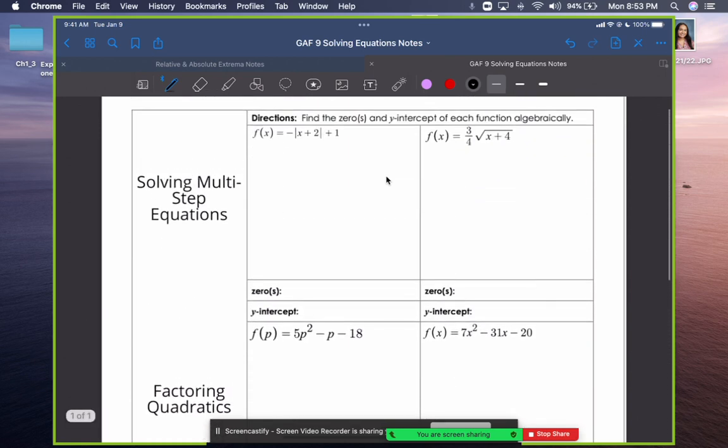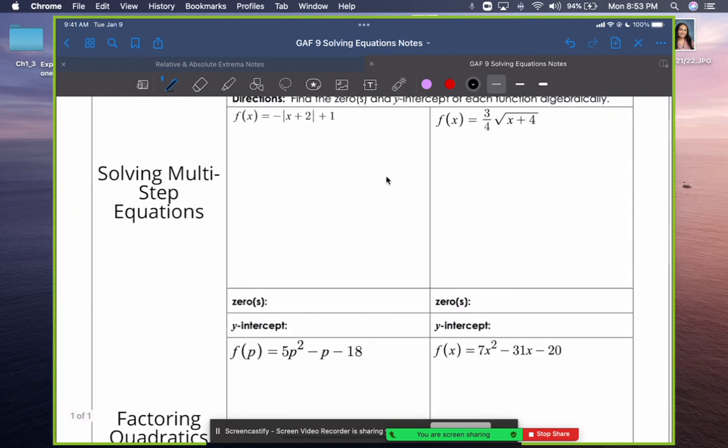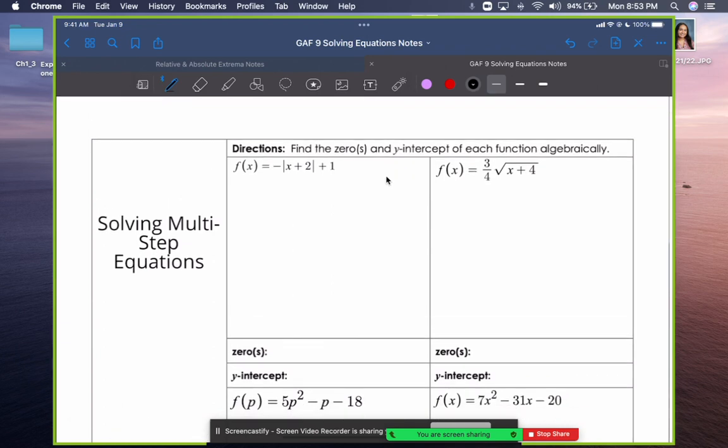Okay, so starting with our absolute value, anytime that we have an absolute value problem where we're finding the zeros or the y-intercept, we're solving the absolute value, we want to do a few things. So I'm just going to write some notes here on the side. So for absolute value, the first thing that we want to do is isolate the absolute value bars.